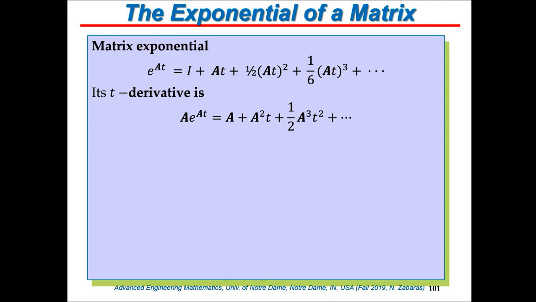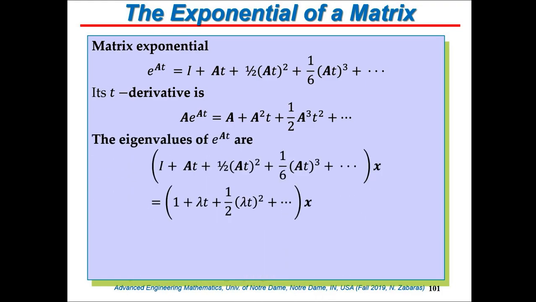Let me say something interesting about the eigenvalues of the exponential e^(At). Because you know the eigenvalues and eigenvectors of A, remember, A, A squared and A cubed have eigenvalues lambda, lambda squared, lambda cubed, and they have the same eigenvector x. So you can immediately see that the eigenvector of the exponential e^(At) is still x, the same as for the matrix A. And this thing inside parentheses is e^(lambda t).